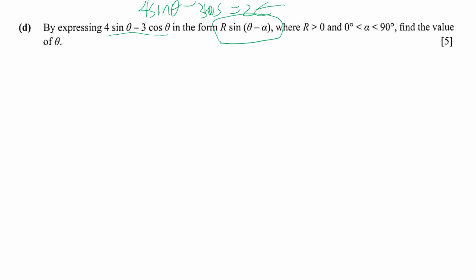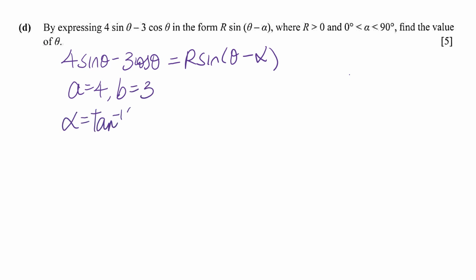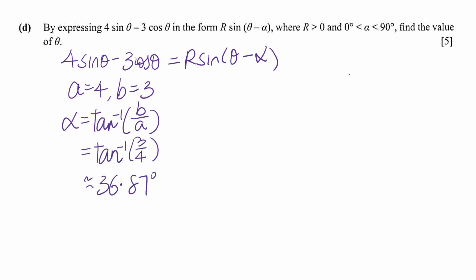Okay, so to express it in your R formula, I hope you can remember. Let's write down the values of A and B. So A is 4, B is 3. And to find alpha is just tangent inverse b over a, which is tangent inverse 0.75, that gives you 36.87 degrees.